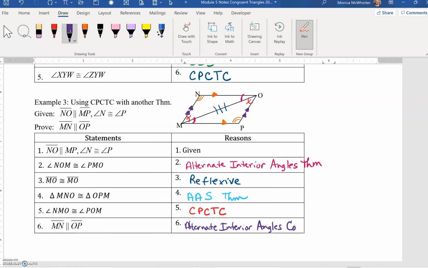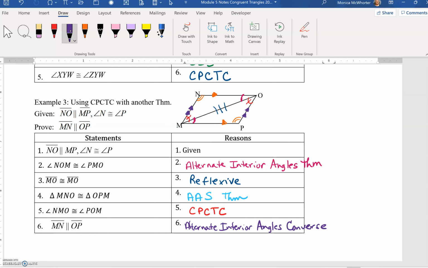Because remember, the converse in those cases told us lines were parallel. So we would know that those are parallel because of the fact that angles NMO and POM are congruent.